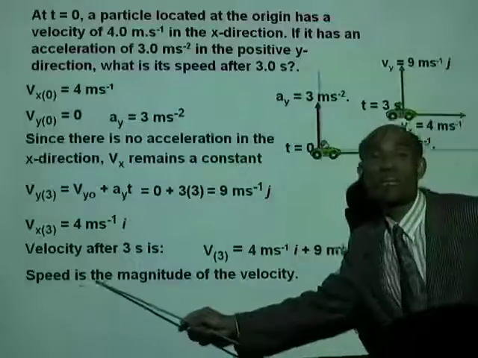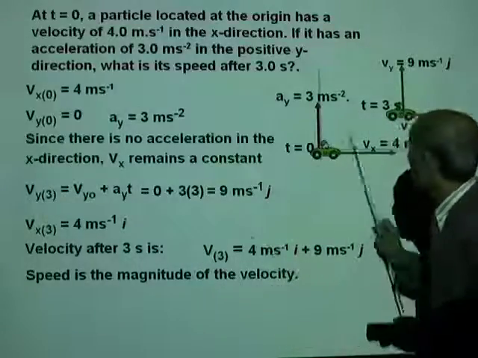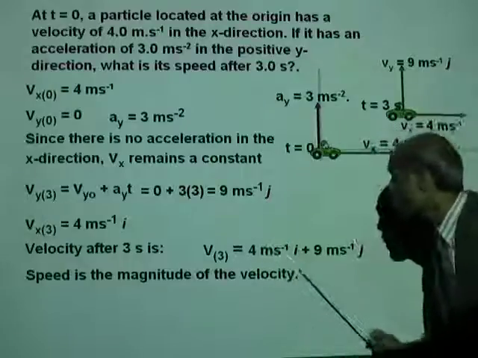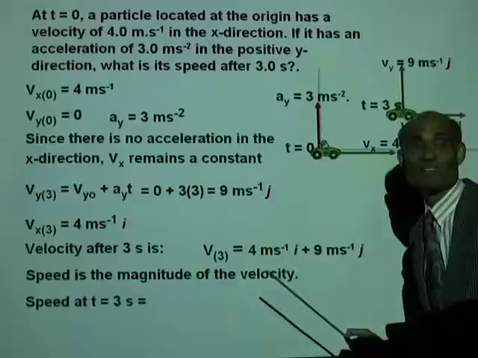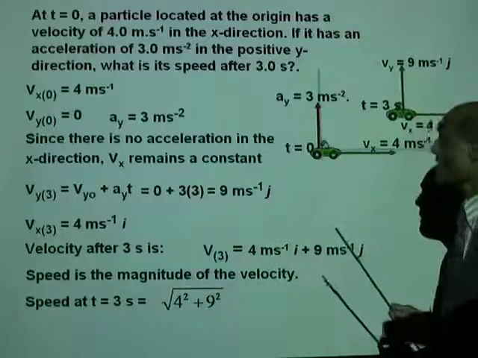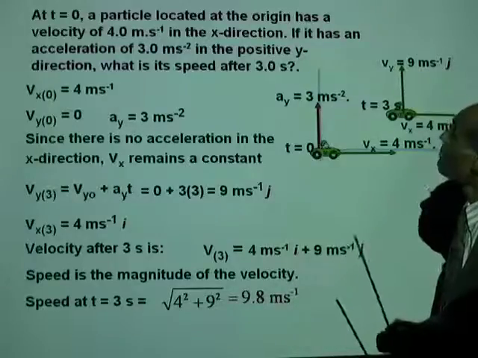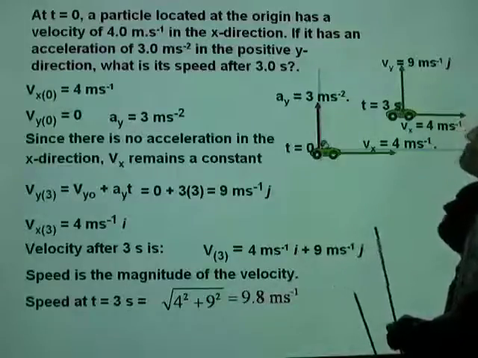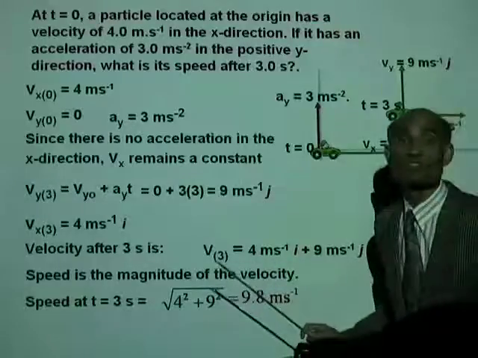What is the speed of the object at that time? The speed of the object is the magnitude of this velocity. The magnitude is the square root of x squared plus y squared, and that is 9.8 meters per second. Is that right? I hope you followed the way we solved the problem.